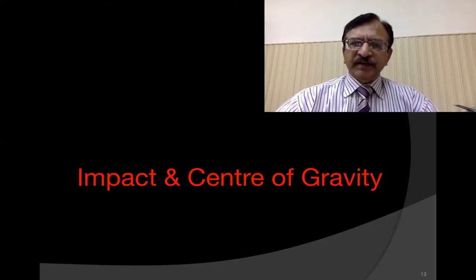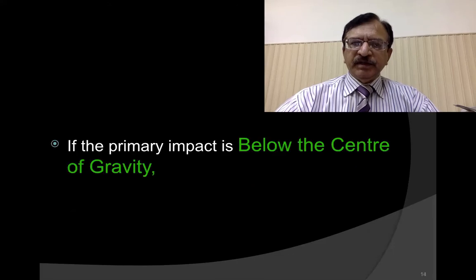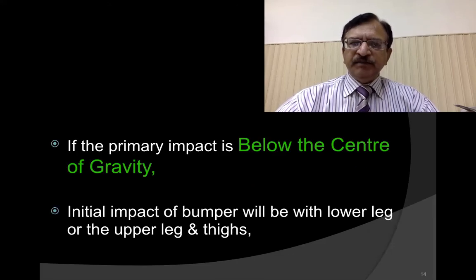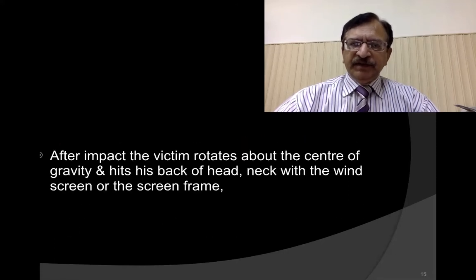The role of the center of gravity is important in impact injuries. If the primary impact is below the center of gravity, the initial impact of the bumper will be on the lower legs and the thighs, and the victim will be rotated onto the vehicle.